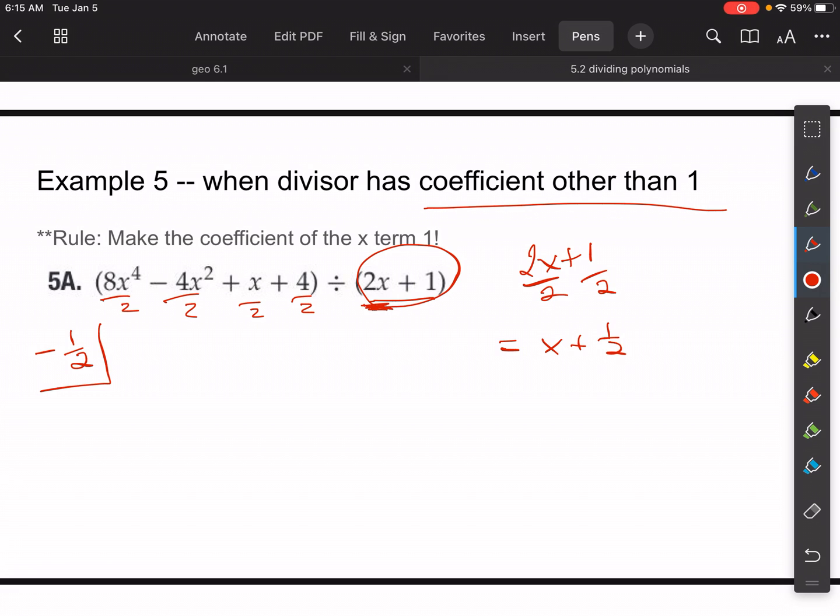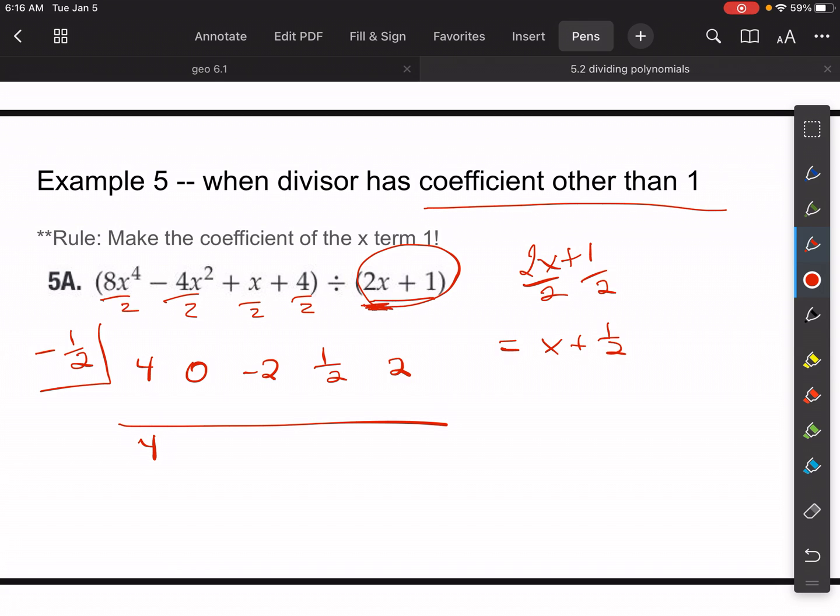Okay, so let's do that. For this one, we get 4. We have no x to the thirds. Okay, 4 divided by 2, negative 4 divided by 2 is negative 2. And then we have 1/2, and then we have 2. I don't know why I put a plus sign there. We understand it's plus.